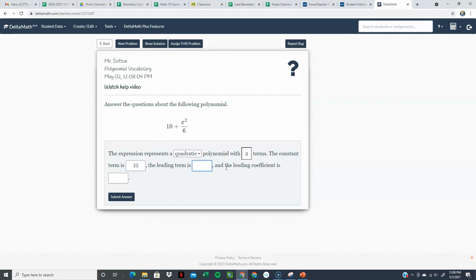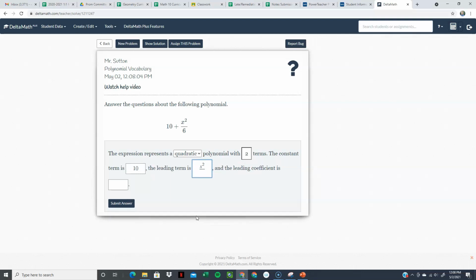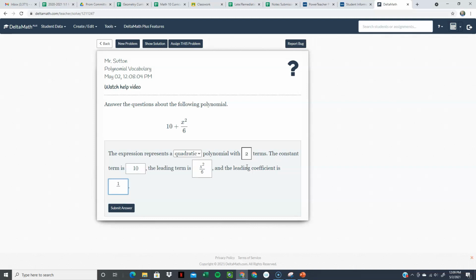The leading term would be, if you wrote this in standard form, what would be in front? So that would be x squared divided by 6. And the leading coefficient would just be the coefficient for that leading term, which is the number that will go in front. So that's 1 divided by 6.